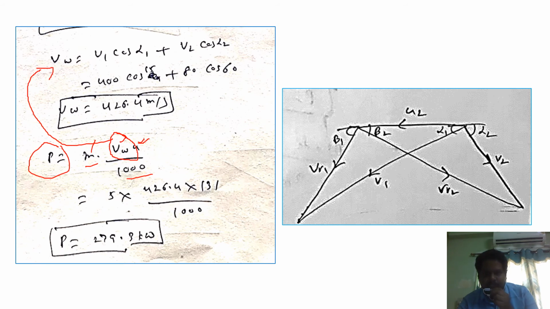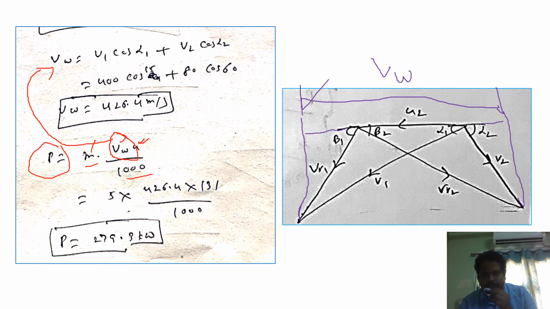As we know, this total length is the whirl velocity Vw. We can write it as, looking at this equation, v1 cos alpha 1 plus v2 cos alpha 2.